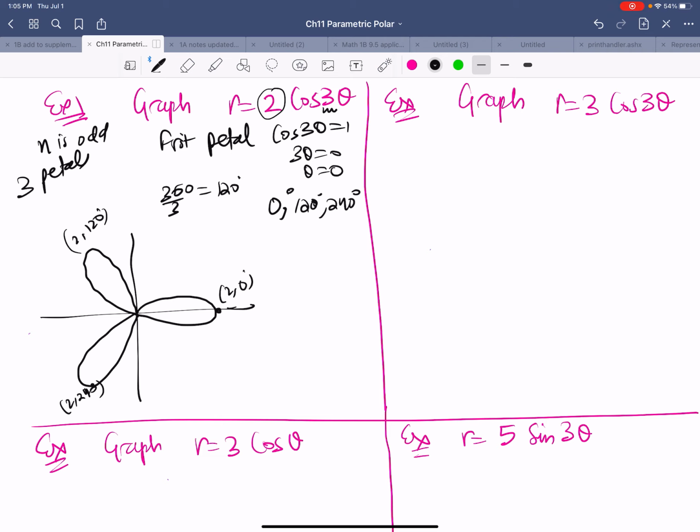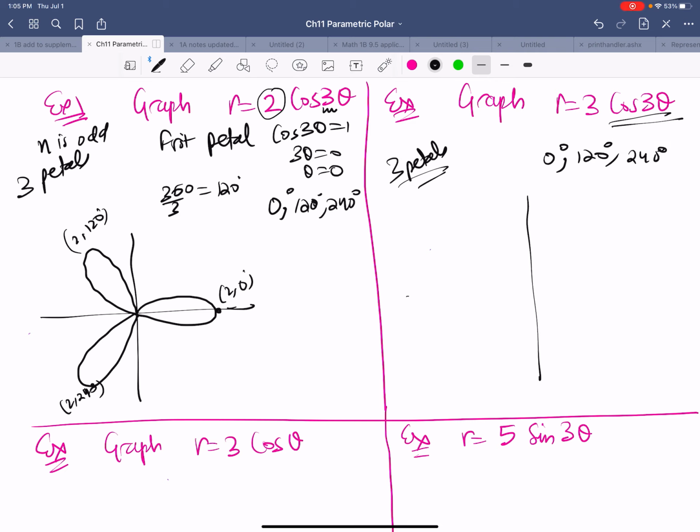Next, we're going to graph r equals 3 cosine 3 theta. What's going to be different in this case? Everything else will be exactly the same other than the radius, because we still have 3 petals. We still will have the petals at 0 degrees, 120 degrees, 240 degrees, just like the previous example.